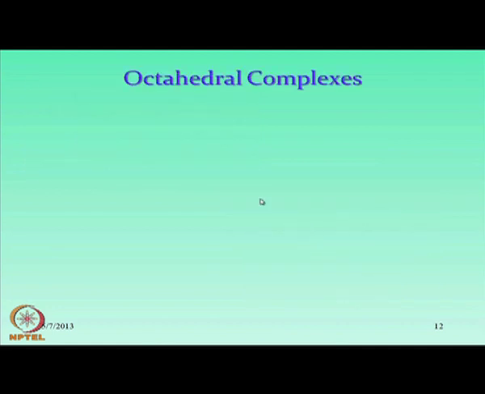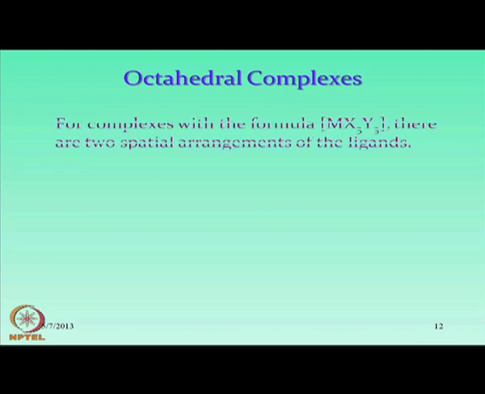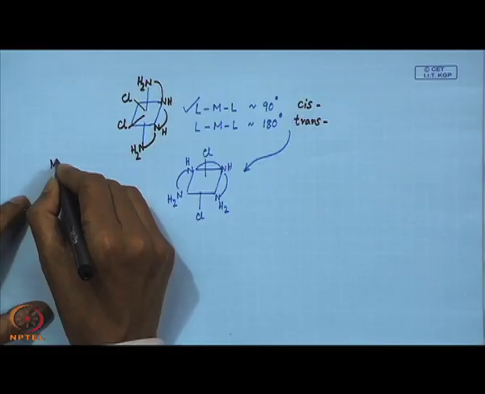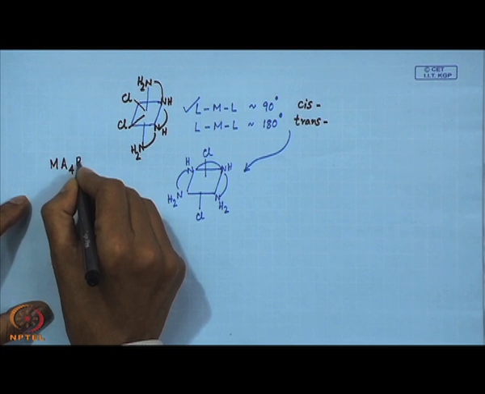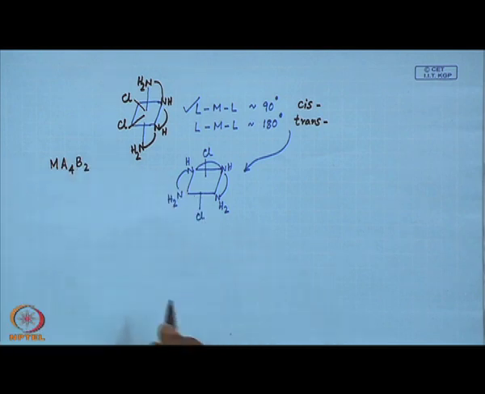So, in case of several such octahedral complexes, what we are talking about here was octahedral complexes of the MA4B2 type. That means two of them are of a different type.